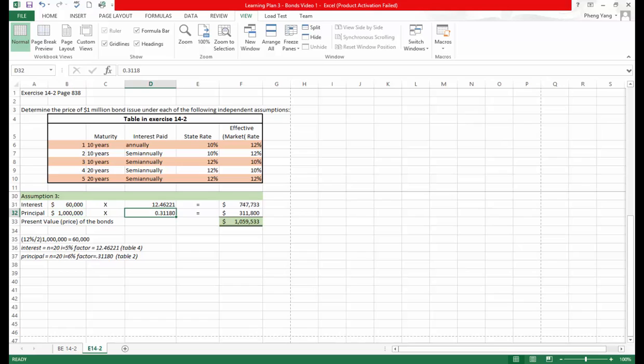Then my number of payments is going to be the same, and my interest is going to be 5% instead of 6%. My factor for that is 0.37689. So that gets us to a present value of the bonds of 1,124,623.